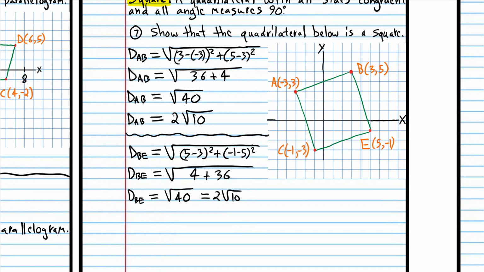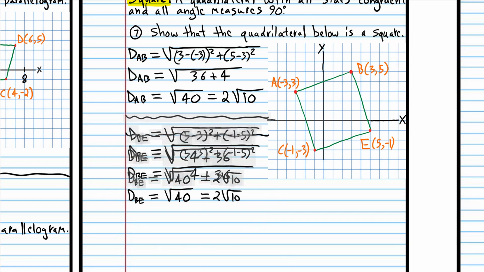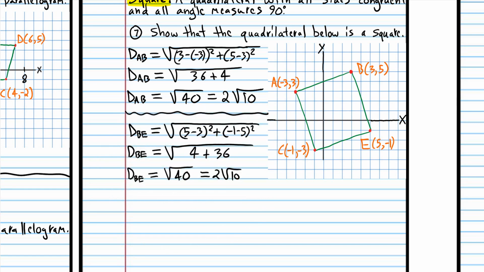And I should probably just go to the right there to save room, because we've got a lot of work to do here. I don't want to run out of room. All right, so you can see that those lengths are equal.